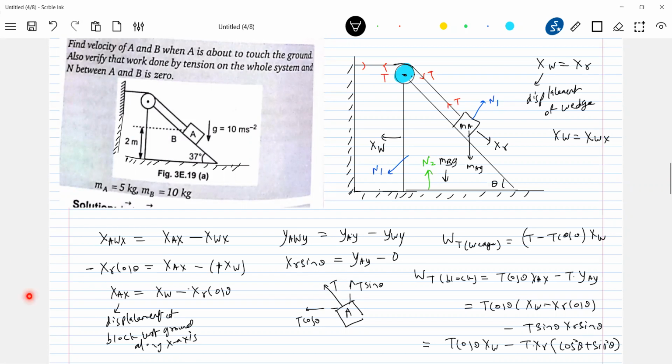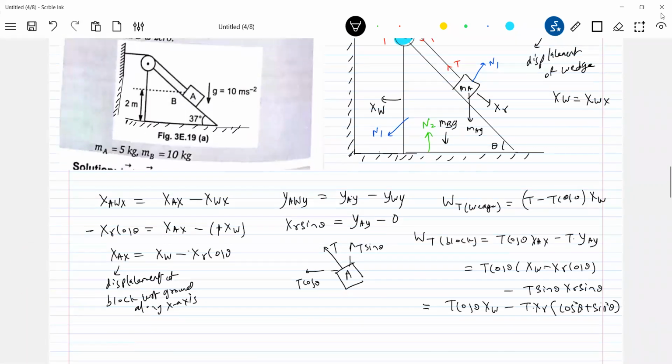I'll scroll up a little bit. Yeah. So this should become T cos theta XW minus T XR, the bracket term will be 1. Now, what is XW? XW should be equal to XR, no? Anything simple. Or XR you replace with XW.